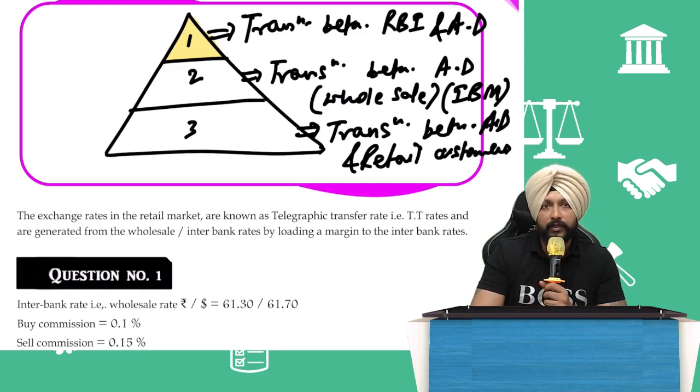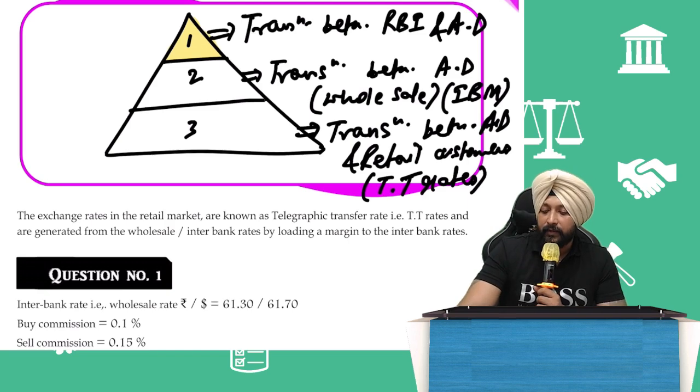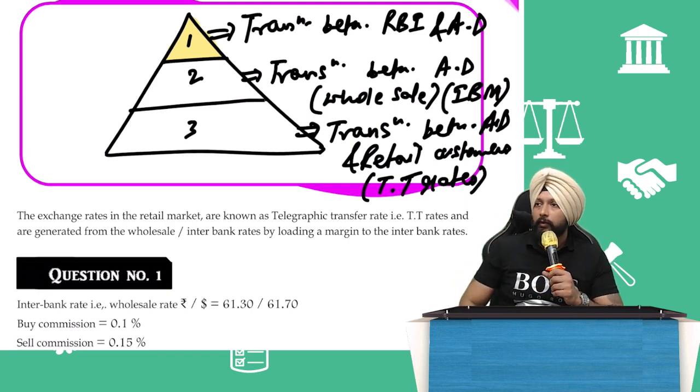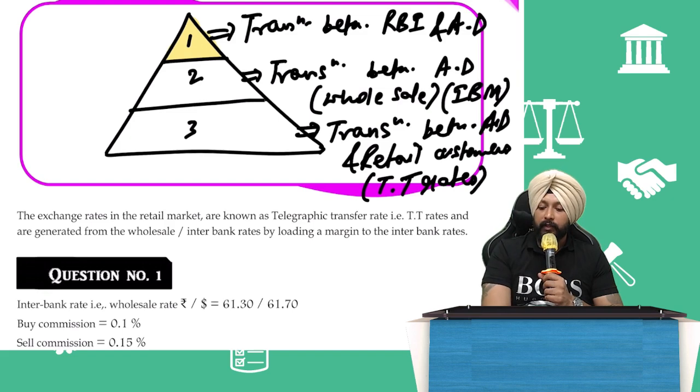We also refer to it as the retail market. And the rates in this market are referred to as TT rates, telegraphic transfer rates. Transactions between authorized dealer and retail customers, TT rates, that is telegraphic transfer rates.